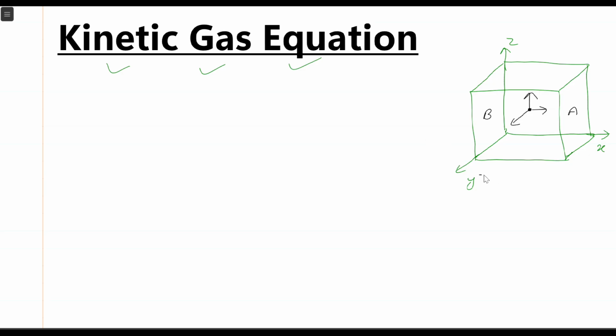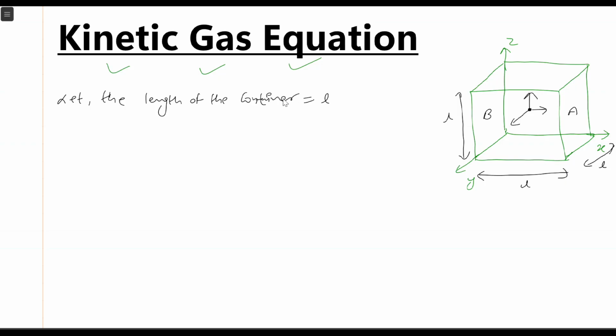This is a cubical box, so we can consider the length of the sides of the box to be L. This is a cubical box of side L. So let the length of the container be L, filled with gas molecules having mass m.